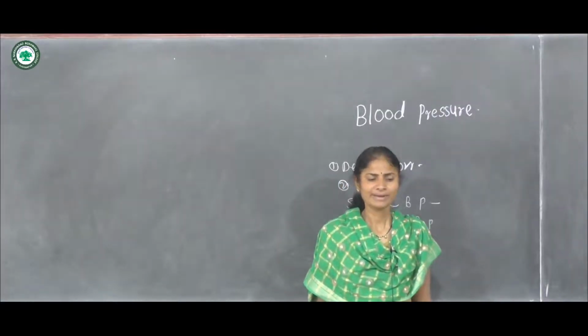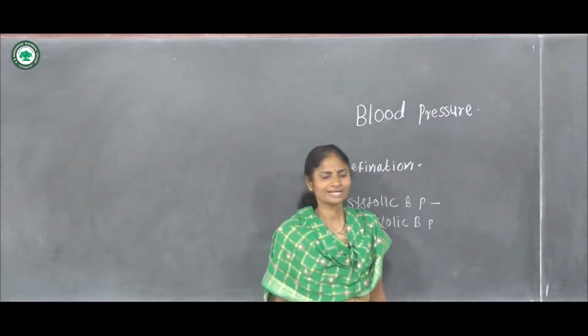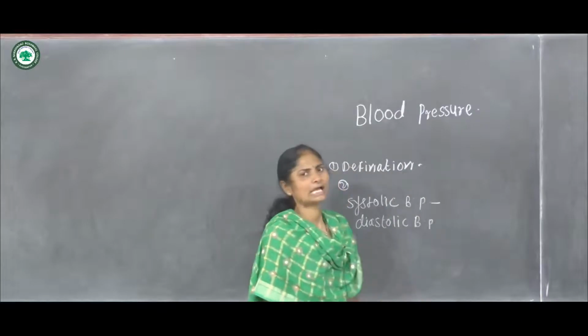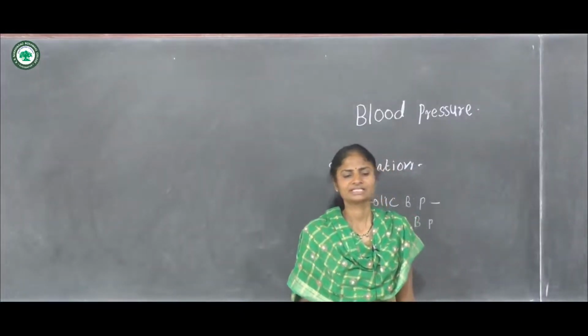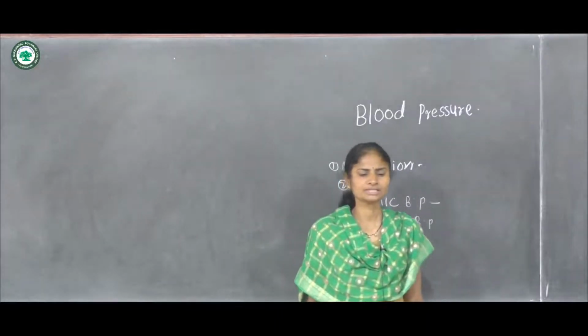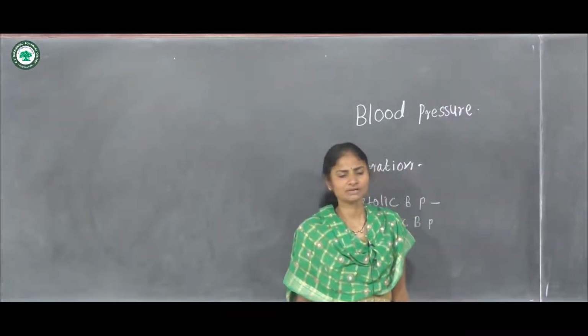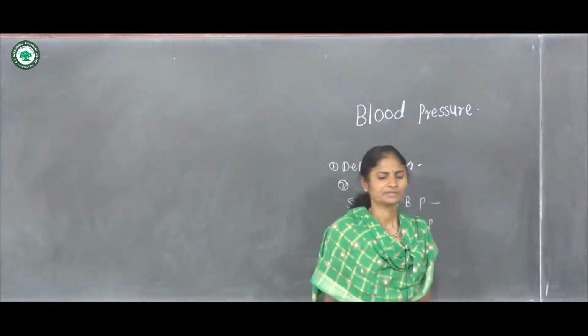It is the maximum pressure during ventricular contraction. Diastolic blood pressure is defined as the force exerted by blood against arterial walls during diastole. It is the minimum pressure when the ventricles are relaxed.